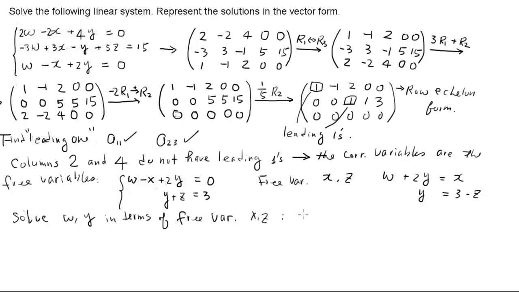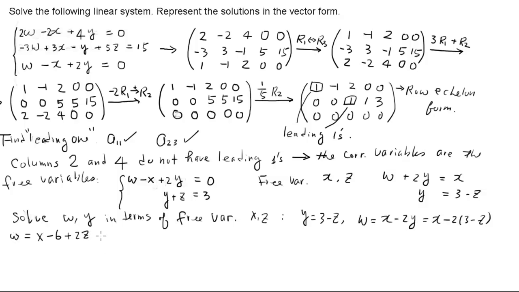So y is equal to 3 minus z, and w is equal to x minus 2y, and that's going to be x minus 2 times (3 minus z). So we have w is equal to x minus 6 plus 2z.